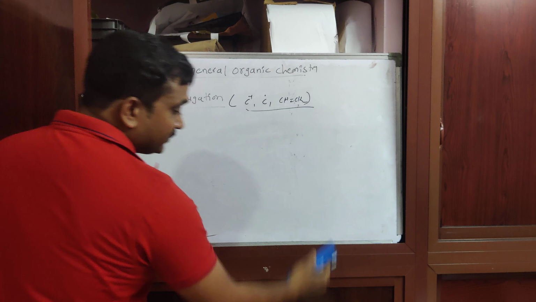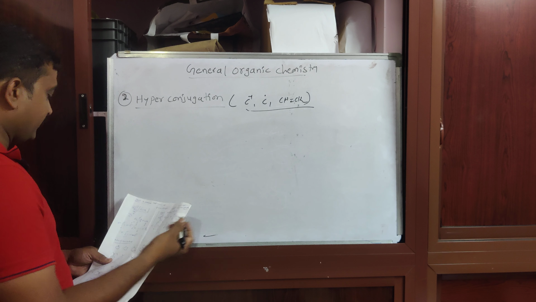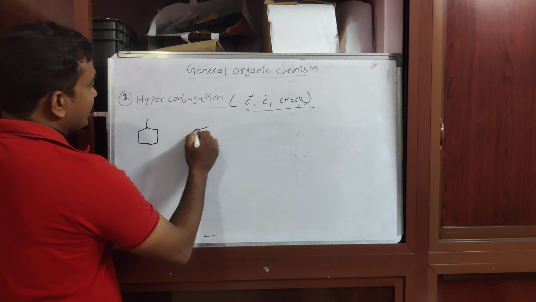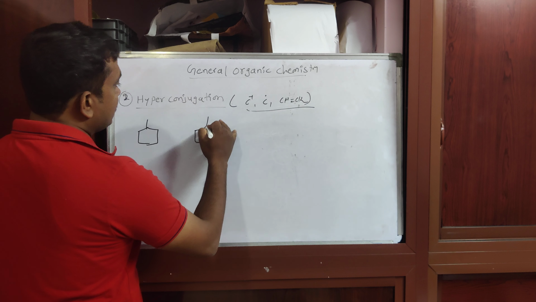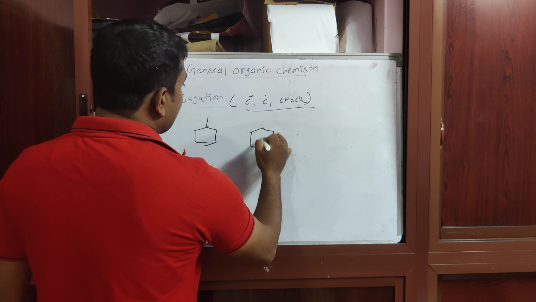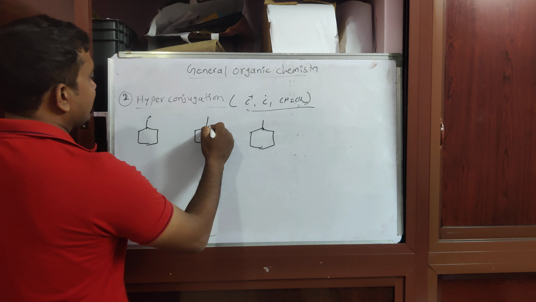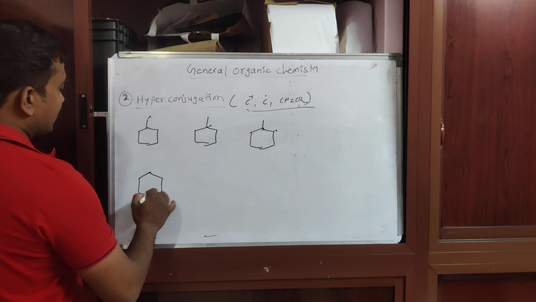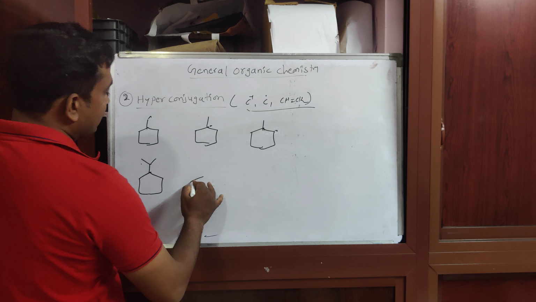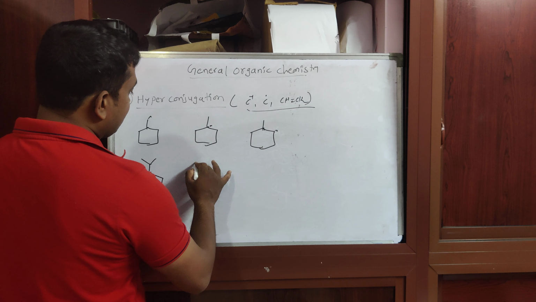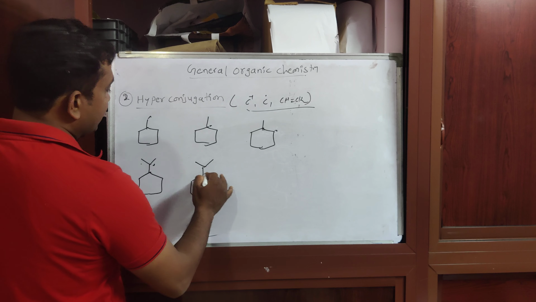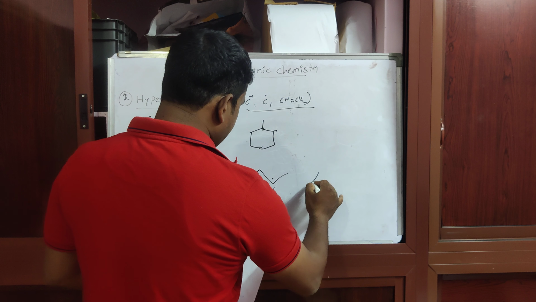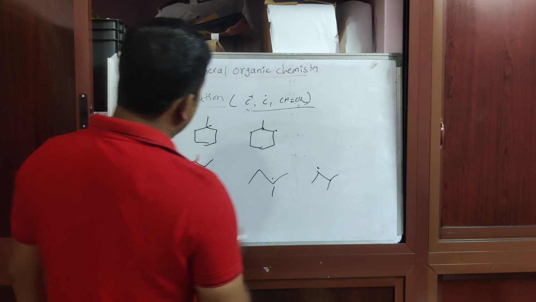Next we discuss free radicals. A free radical is the same as a carbocation. Take this one, same. Take one radical here, and the next radical here, then we can find out.